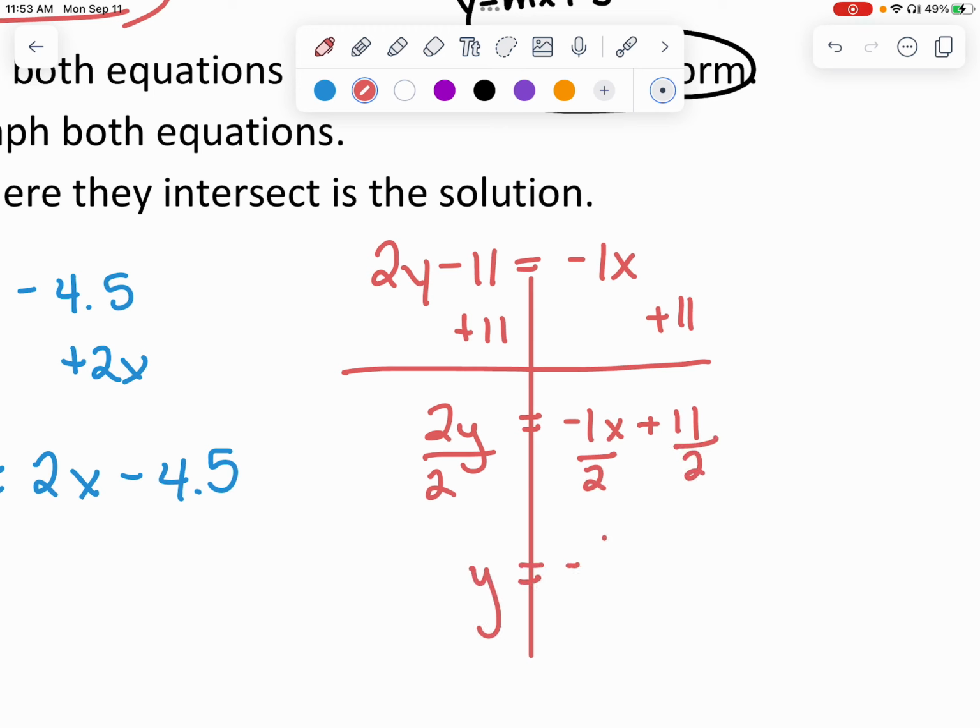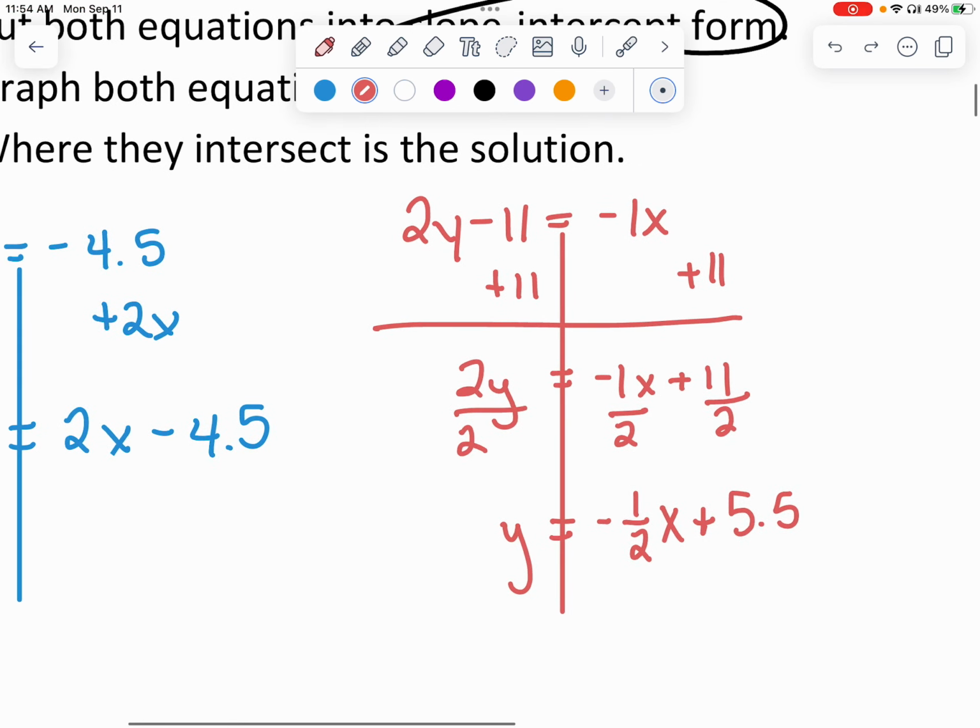This will give me y equals negative 1 half x plus 5.5. You may notice that I chose to use a decimal here and a fraction here. That makes graphing easier. Please pause the video and catch up to me if I went too fast.